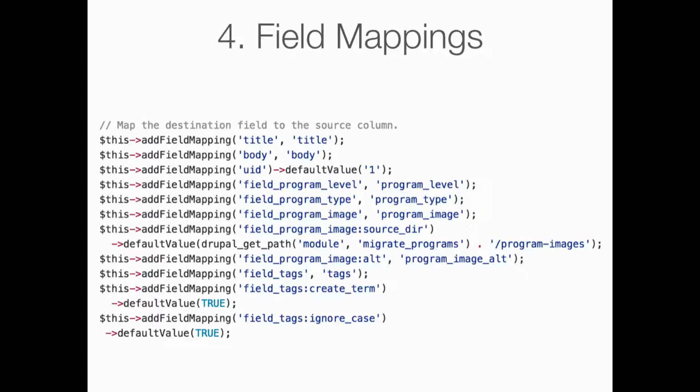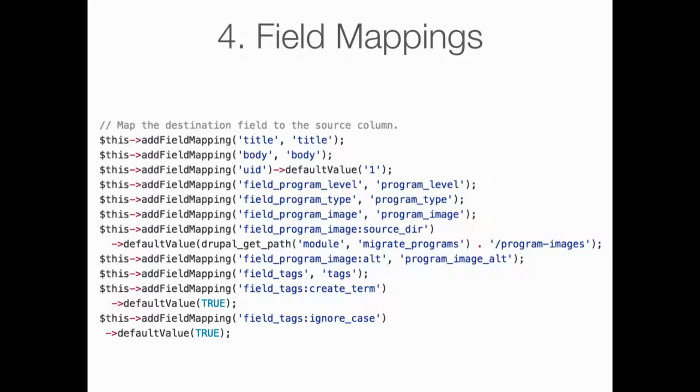Because we don't just have one value for the image. We have the source, so where to grab the image from, the source dir. And then we also have the alt text. So we have a separate value for the source of the image, like the name of the image, in the folder where we put our images, and the alt text itself.